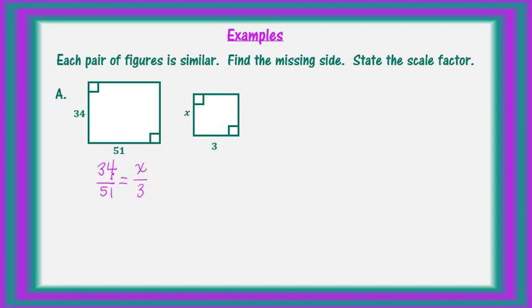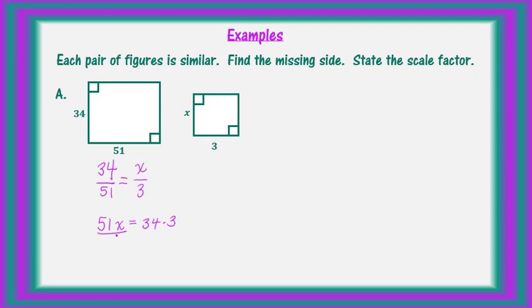Either we can determine if we can reduce the fraction ahead of time, 34 divided by 51, or we can go ahead and cross multiply and see if we can reduce that way. So let's just cross multiply for the first one. Cross multiplying, we get 51 times x, or 51x, equals 34 times 3.